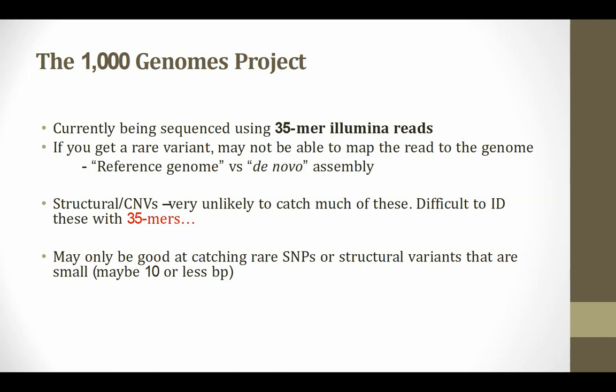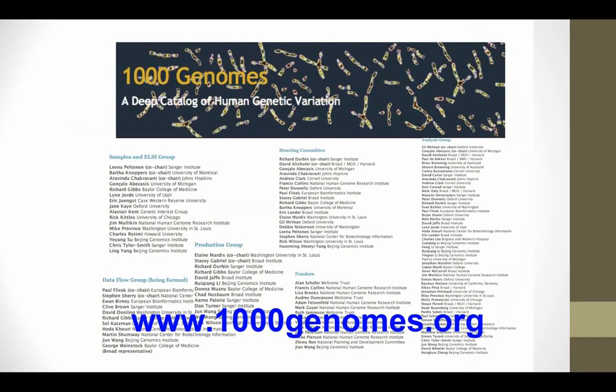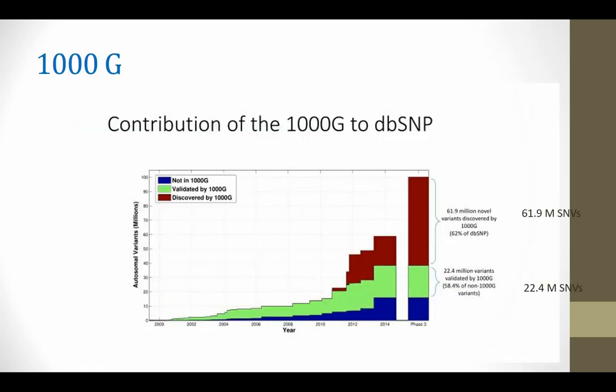This is why, when I say the structural variants came much later, it came with the technology, because this technology failed to do any reasonable structural variation. And that was the standard. As I said, the browser and all the information is in the 1000 Genomes. I should say that this project showed that many of them were not even in the SNP database, so they were new to the SNP catalog.